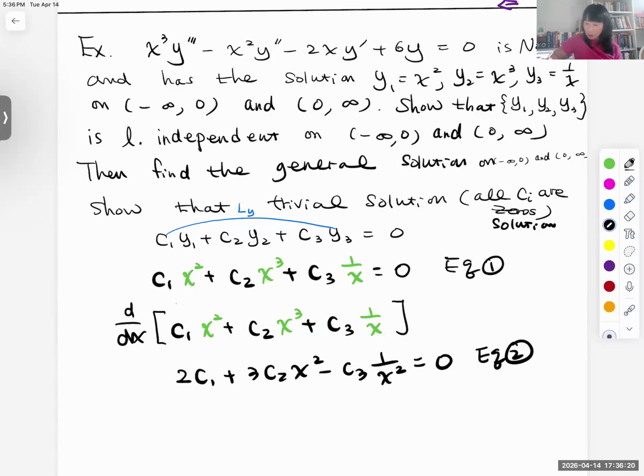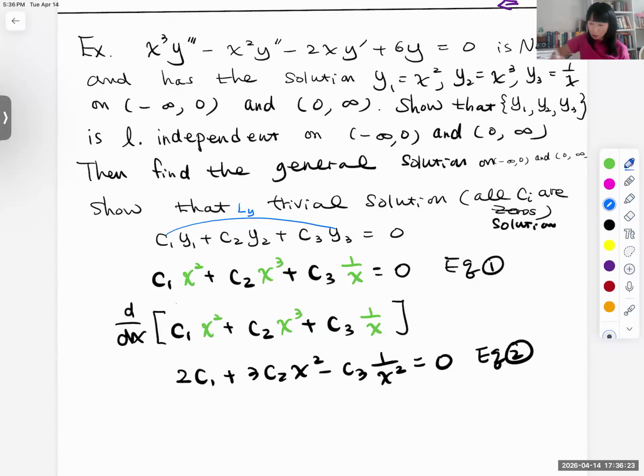Okay, so we call this equation number 2. Since we call this the left-hand side, earlier we've been talking about, we don't want to carry it all the time. That's why we give it the name L sub y. So in that case, this will be the derivative of L sub y.